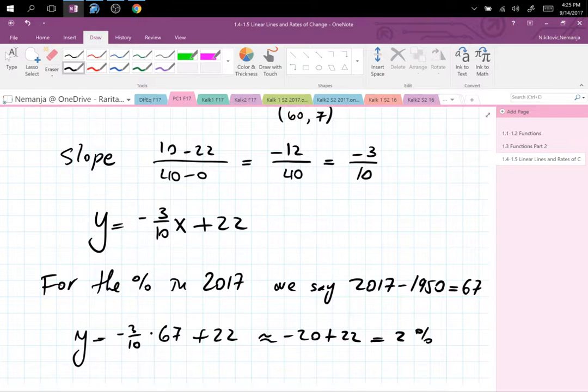If it continues falling at the same rate that we computed from this, the model predicts that today we should be spending about 2% of the yield. Now, obviously, that's not true, and it's definitely not true for those who eat healthy. Great.